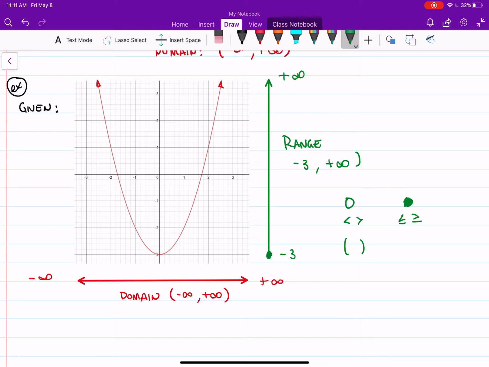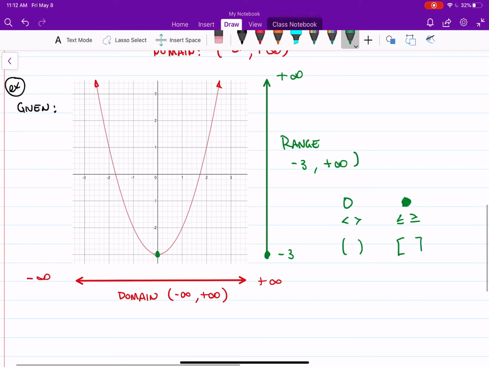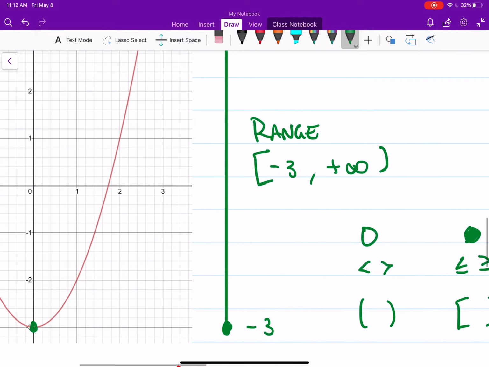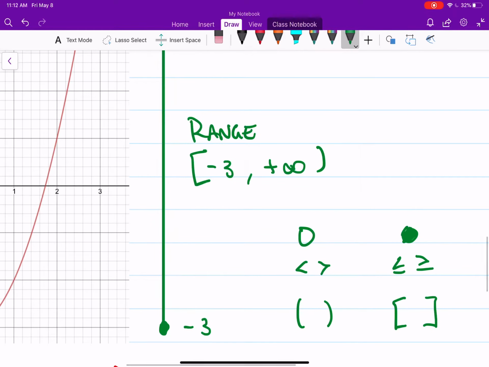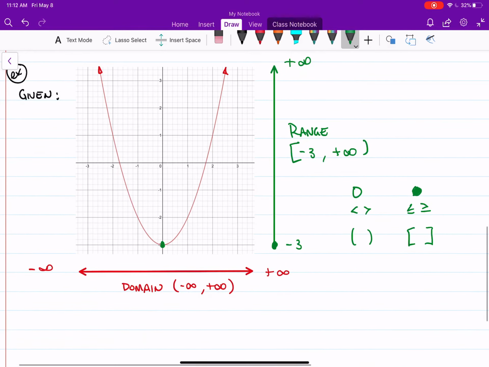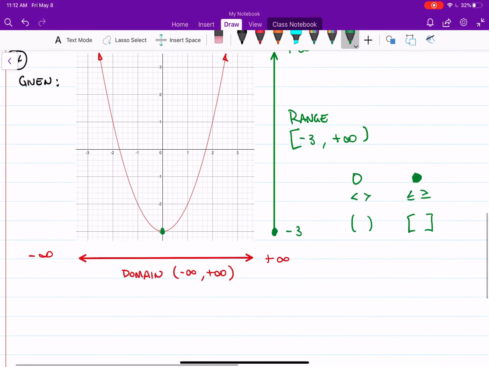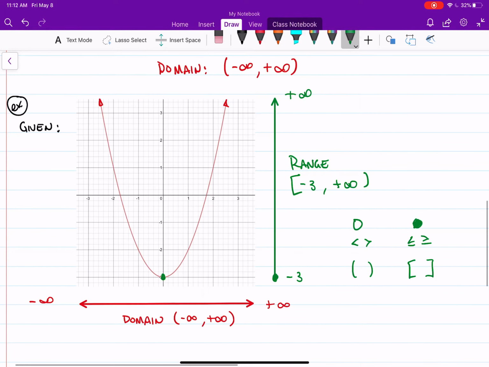But if it does touch, like this is touching negative 3 right here, then I'm going to use what they call a square bracket. So when it touches a number, it's going to be a square bracket. If it never touches, it's going to be a parenthesis. So that is the way we would do domain and range.